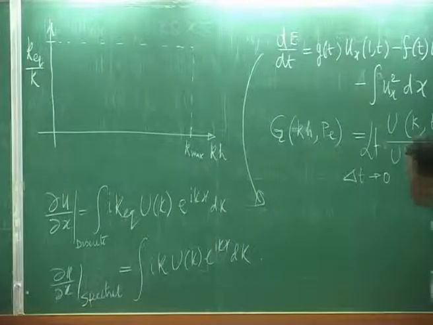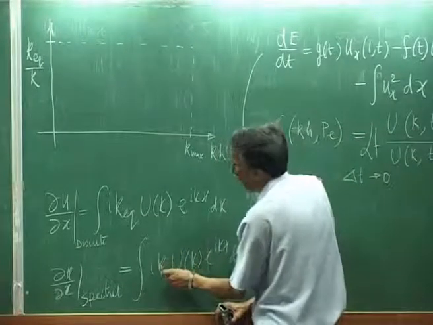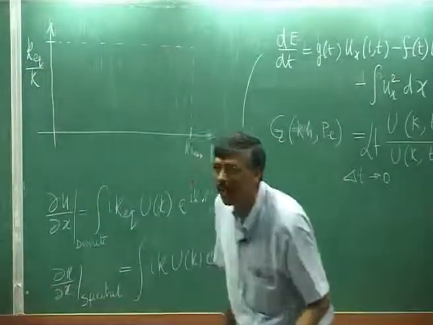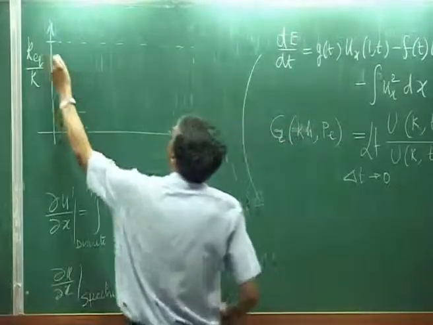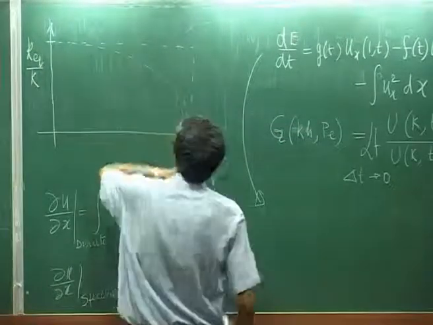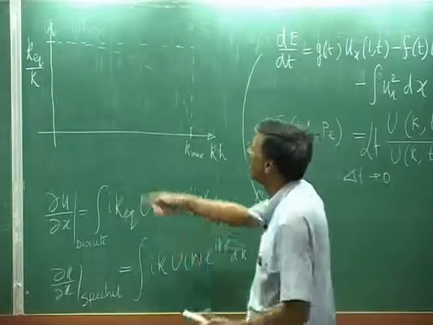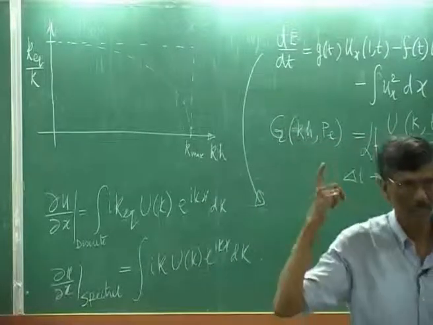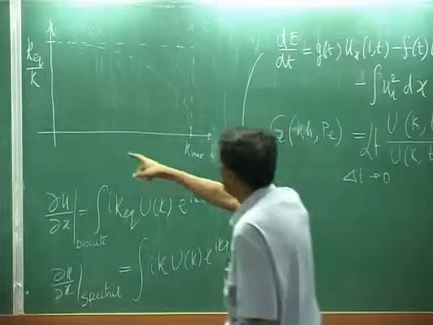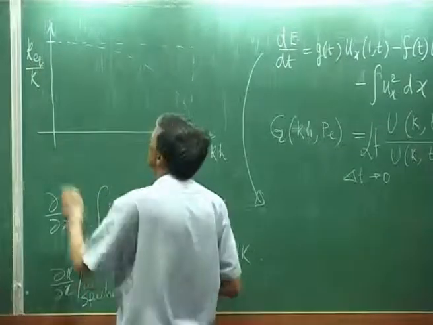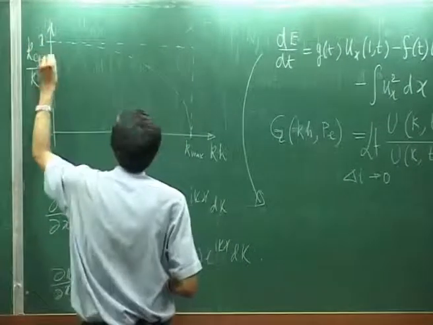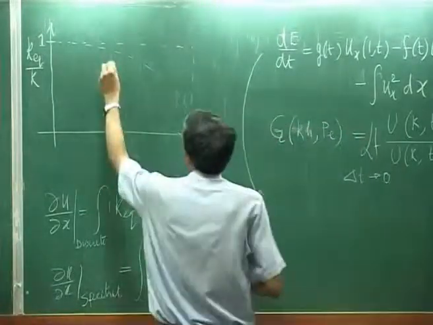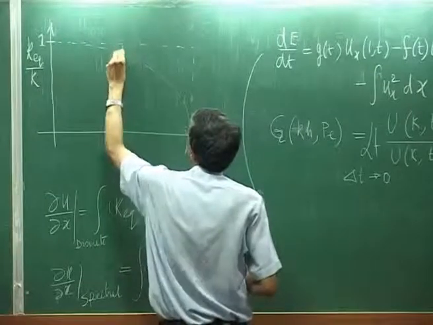So, you see the difference comes in here. Instead of multiplying by k, we multiply by k equivalent, and that is why we accumulate error. And what do we actually get? Some curve like this, which shows that we begin with what we want. So, at k h equal to 0, this value is equal to 1. So, there is no problem, but as the wave number k increases, I start seeing the departure from the ideal limit.